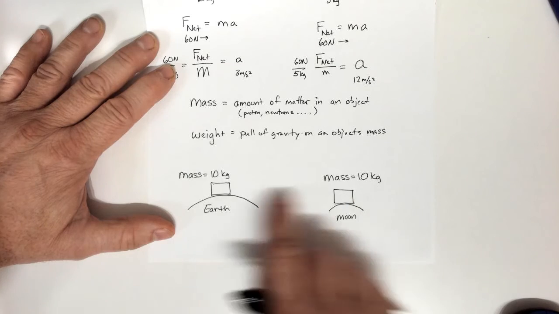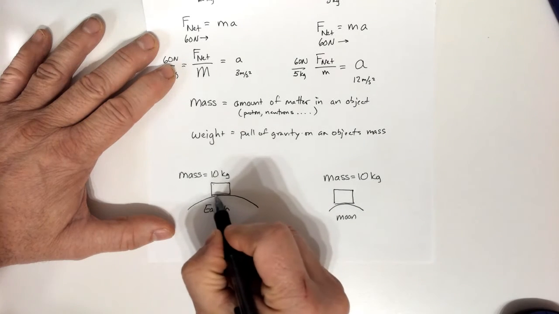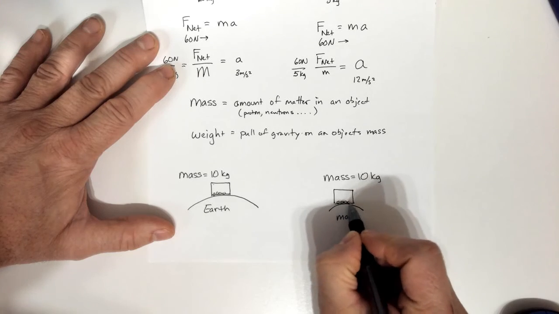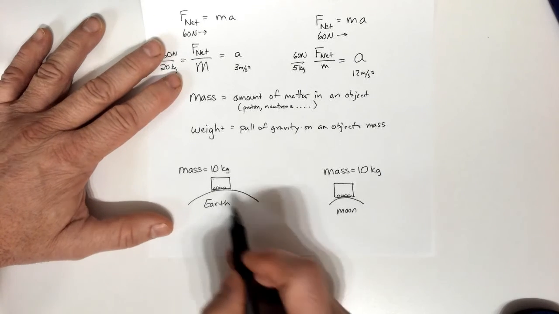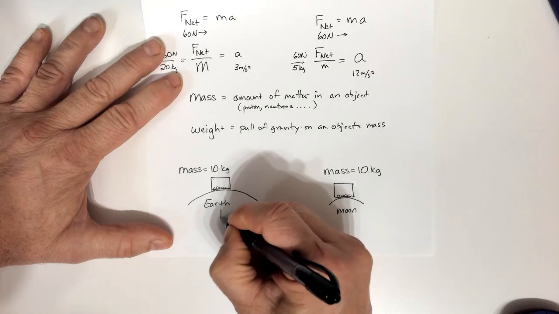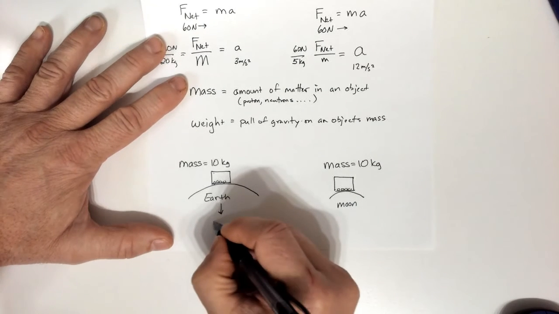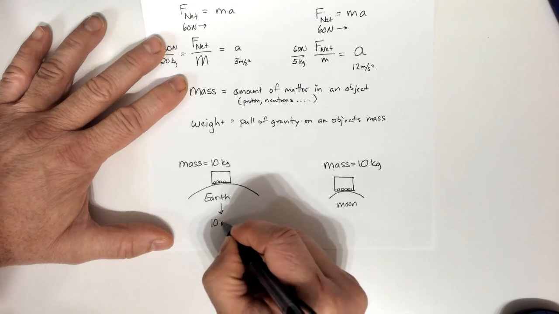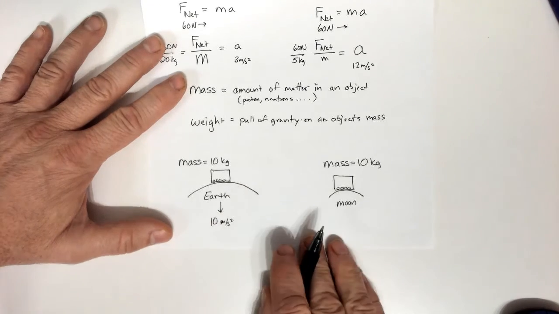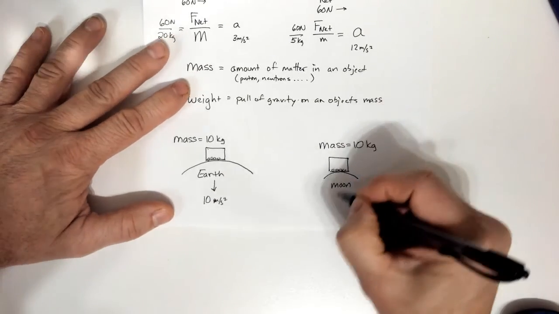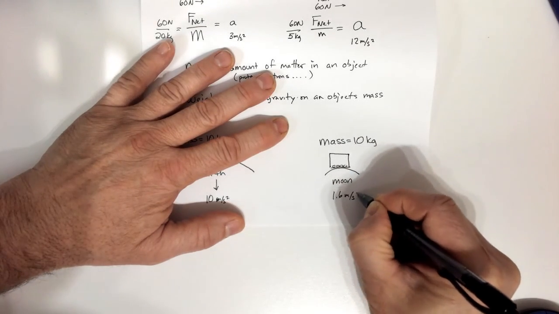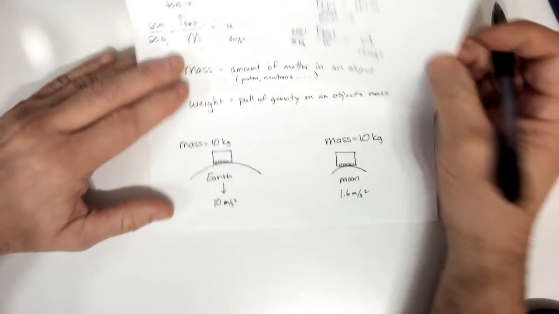So inside these boxes, whatever's in there, these particles inside weigh up to 10 kilograms. Okay? And so we put it on Earth. Earth has a much larger, we'll just say a pull of gravity of 10 meters per second squared, because it has a much greater acceleration down. The moon, however, only has roughly about 1.6 meters per second squared, so it's much smaller.